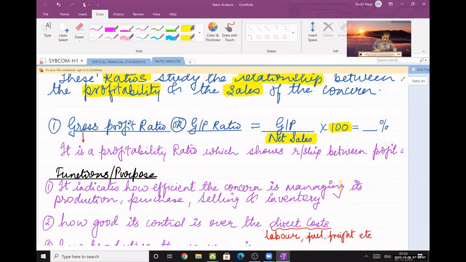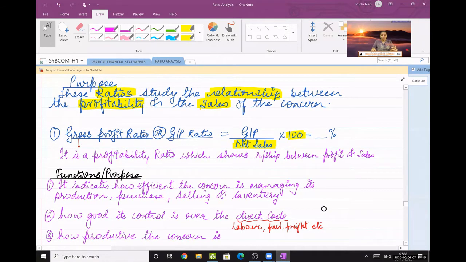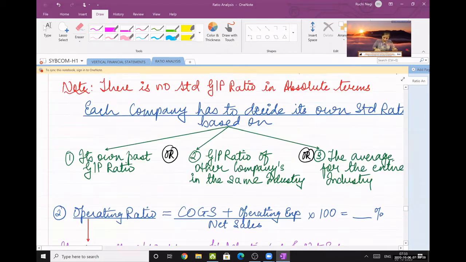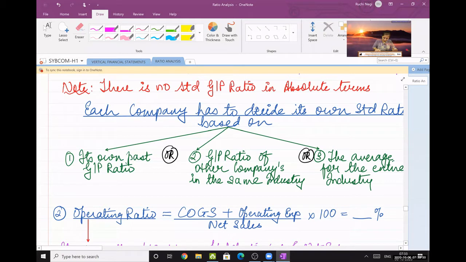This ratio is a profitability ratio which shows the relationship between profit, that is gross profit, and sales. So what is the purpose of studying this ratio? When you are calculating GP, how do you calculate GP as per the revenue statement?